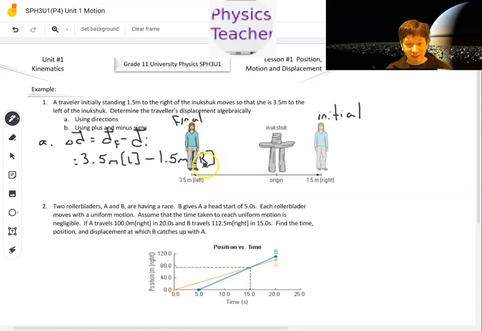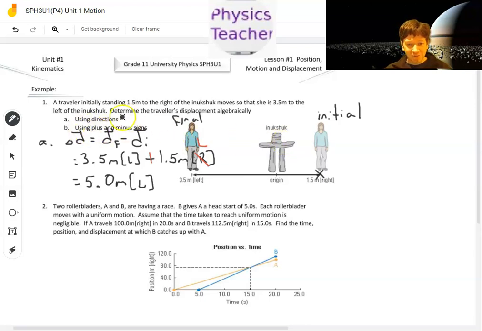Now I can't add left and right, so what I need to do is change this to positive and then change the sign to left. So this just becomes 3.5 plus 1.5, which is 5.0 meters left. Which makes sense if we started from here and then we moved from there all the way over to there. We moved 5 meters left.